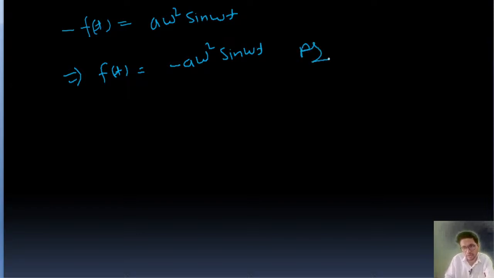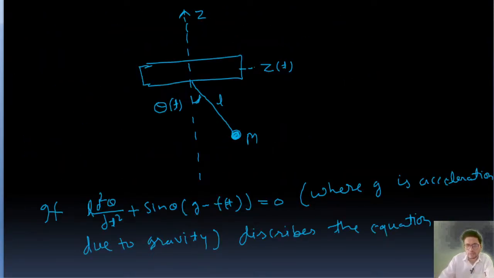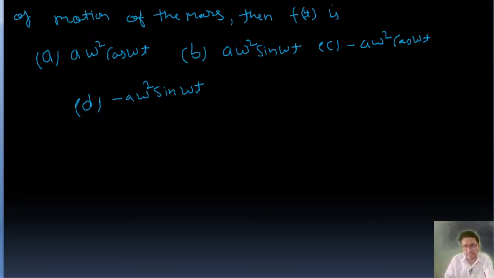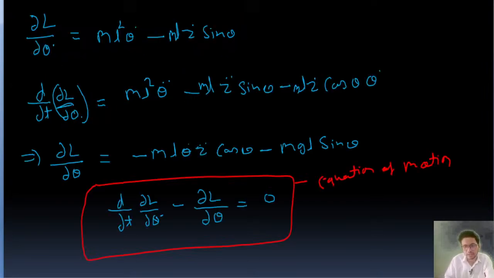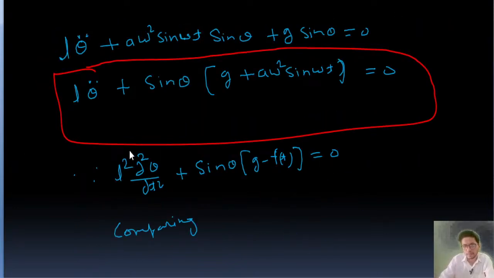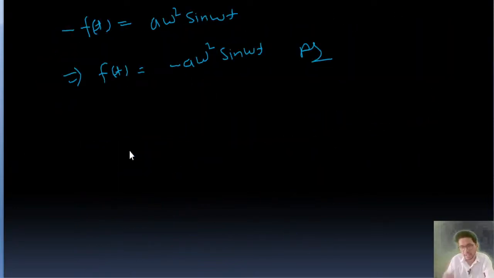So this is the answer. Which option is matching, guys? Option D is matching: minus a omega square sin omega t.